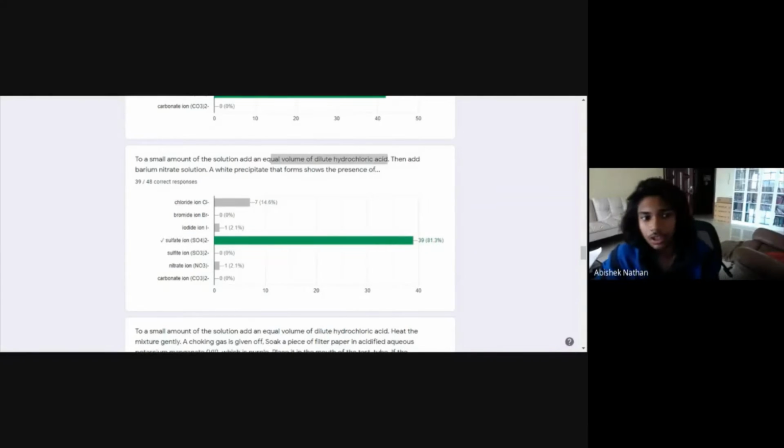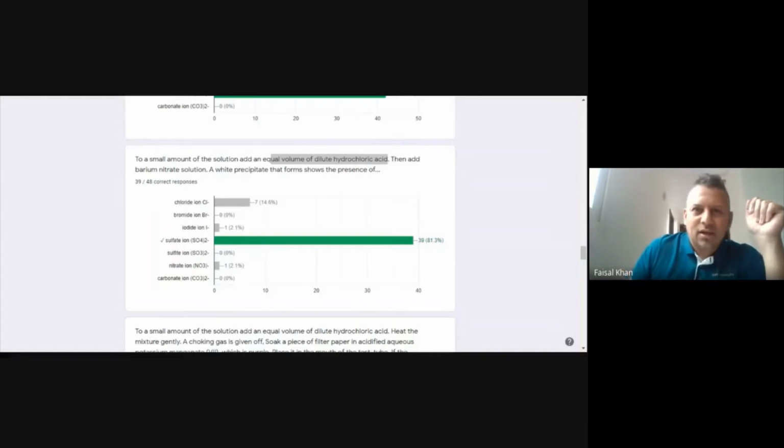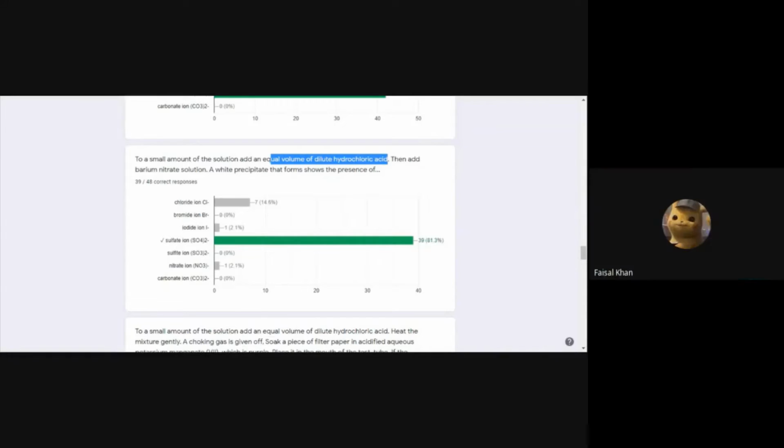Because hydrochloric acid contains chlorides. Correct. So as soon as you add the dilute hydrochloric acid, you're setting up a false reading. If you are thinking that chloride ions are tested using hydrochloric acid and barium nitrate.